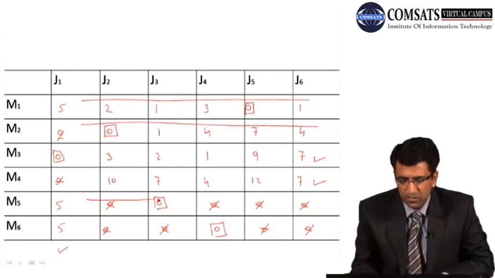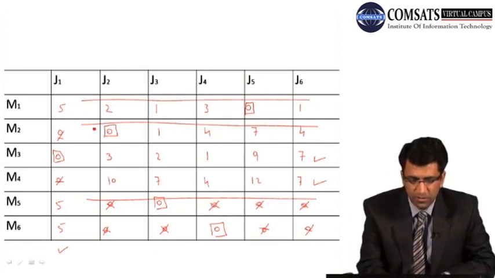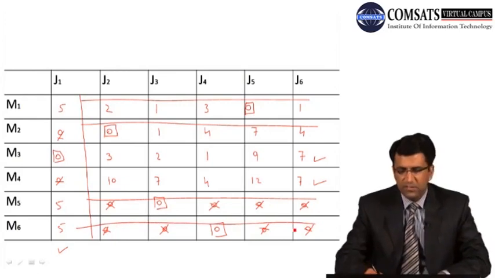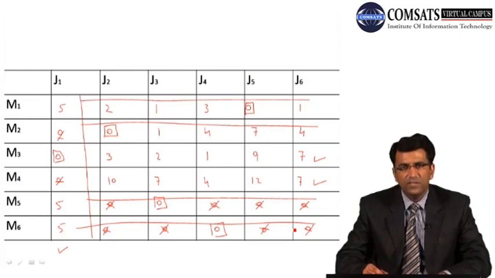This is also an unticked row, and the ticked column, there is only one ticked column. Again class, this is also an unticked row. So again class, you can see there are 5 lines drawn, and there were 5 assignments available as well. So it means we are going in the right direction, and we are doing nothing wrong.